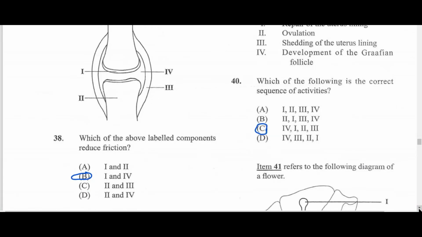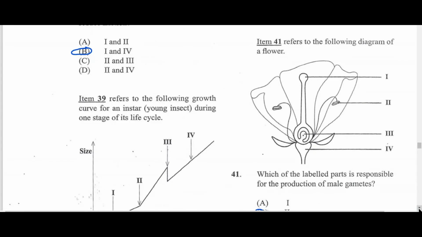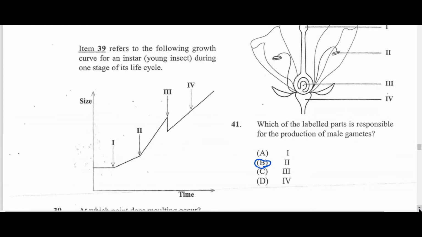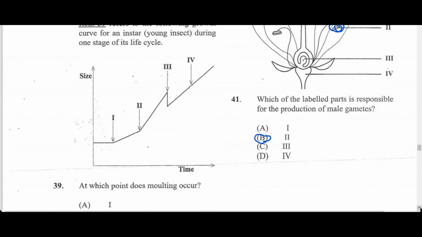For 41, it refers to the following diagram of a flower, and the question asks which of the labeled parts is responsible for the production of male gametes. That's going to be the anther. So our answer here is always going to be B. And this, of course, is straightforward pretty much from any textbook that shows the flower.